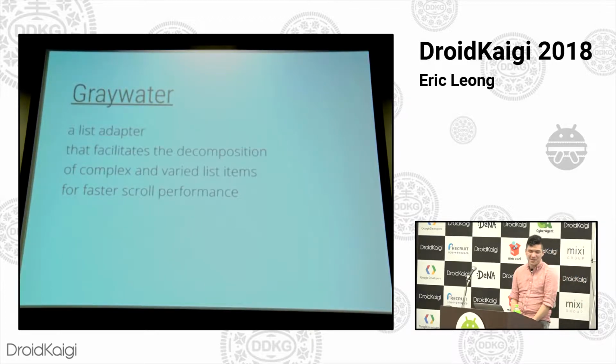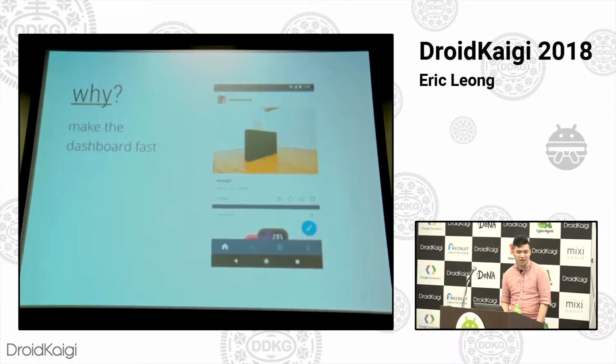I'm not really sure, but basically the goal of this talk is to talk about what Graywater tries to do and how it does it. And if any of you have used Litho, this description of the library is kind of similar to Litho's, which maybe you'll find interesting. But anyway, let's move on.